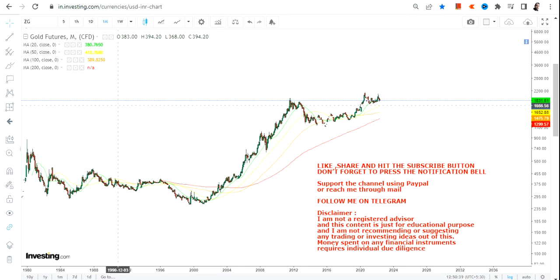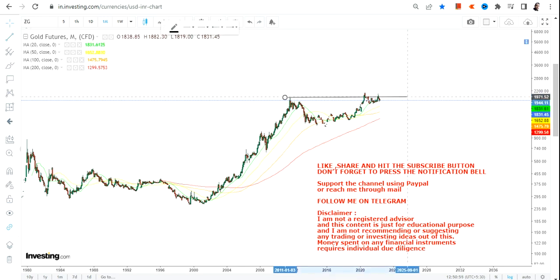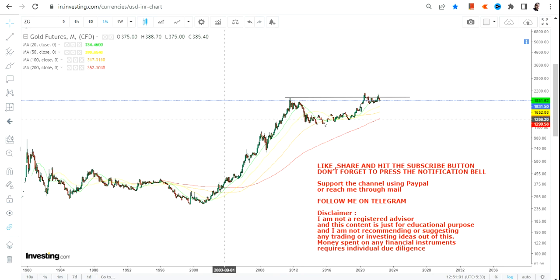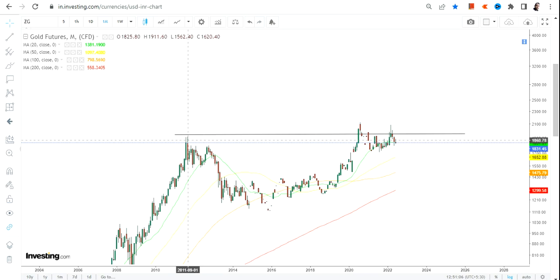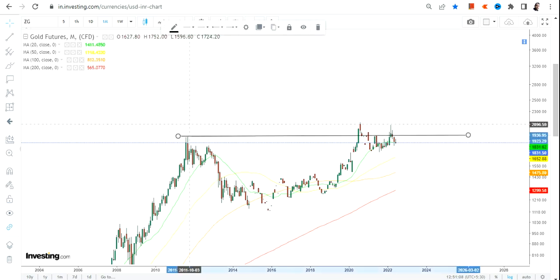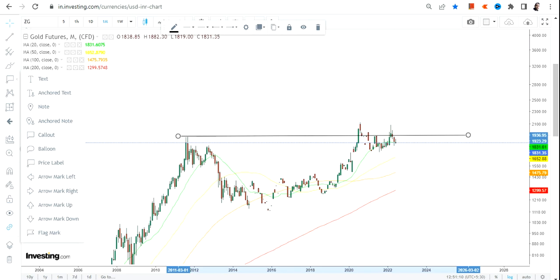Friends, in this video we are going to discuss the long term or the monthly chart of gold futures, and let me tell you that this is in USD. If you are looking at this chart, what you can see here is gold futures has tested multiple times the big resistance of 2011 that it has made, and it was near $1900.